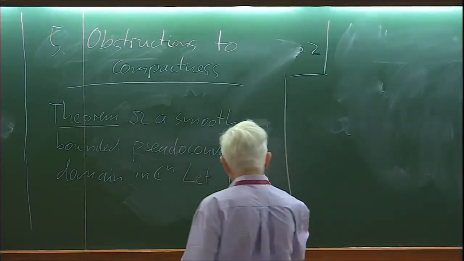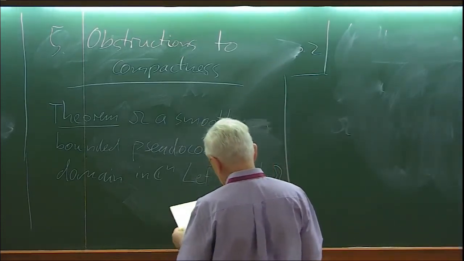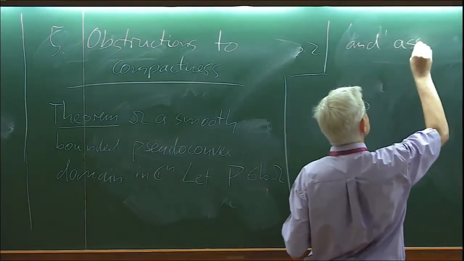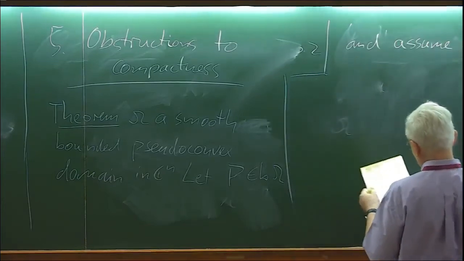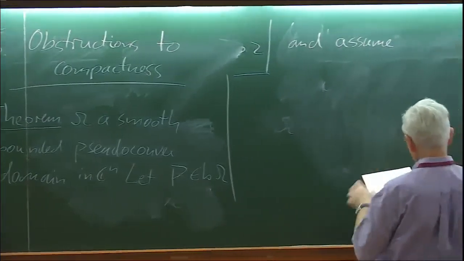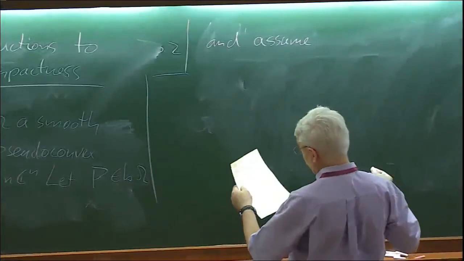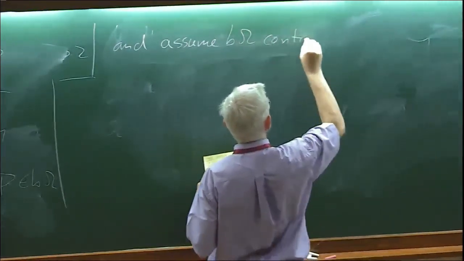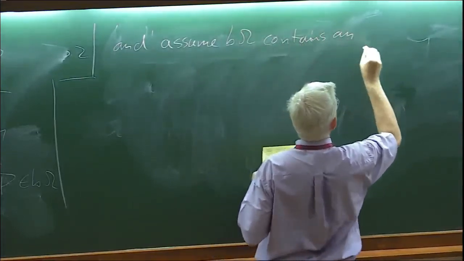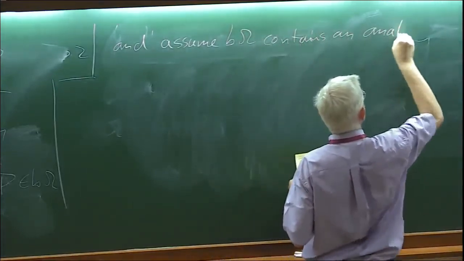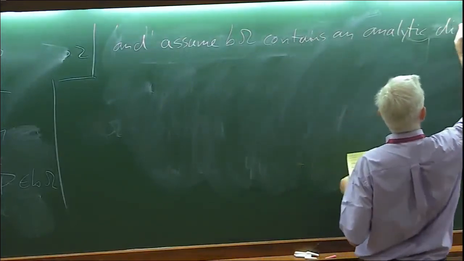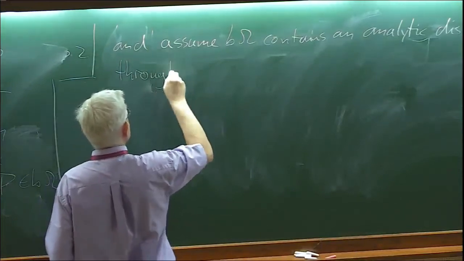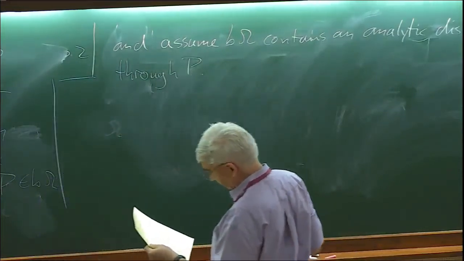So let P in b Omega, and assume b Omega contains an analytic disk through P.